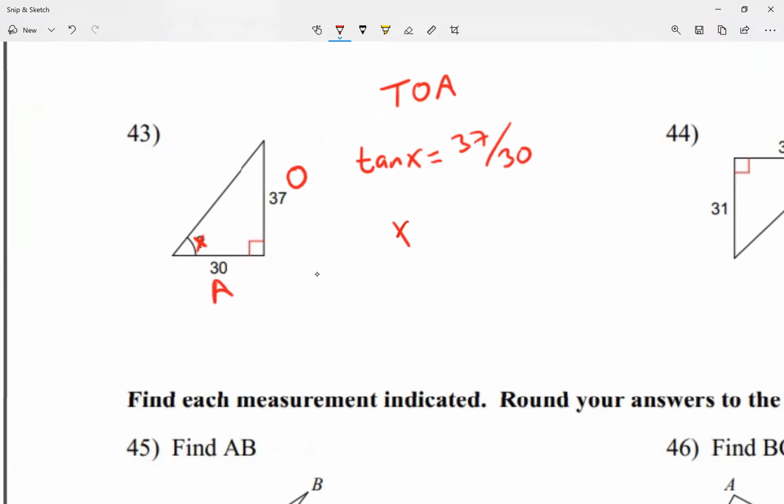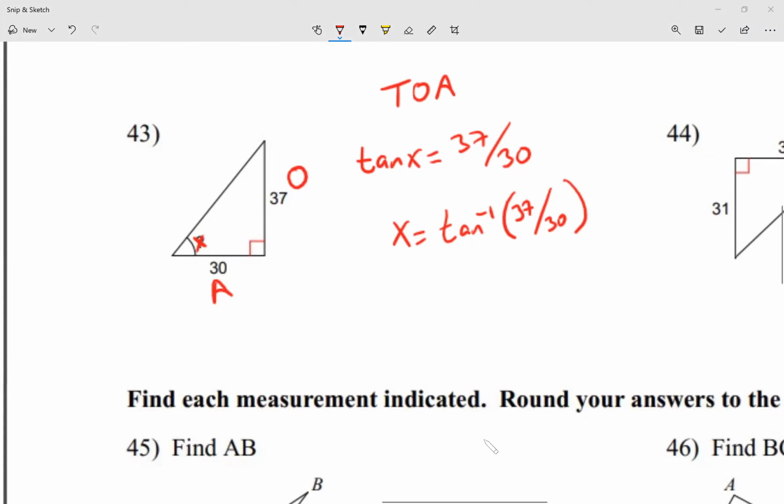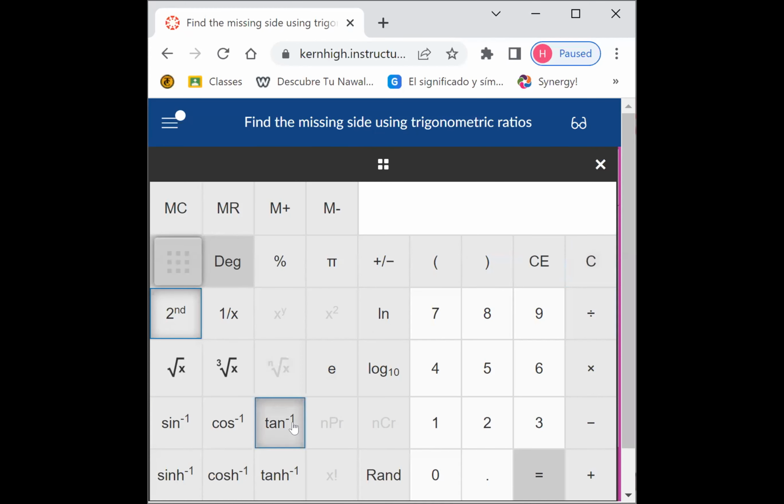That means that X is equal to tan inverse of 37 over 30. Now let me grab my calculator here. Tan inverse of 37 over 30 says 50.9. So I'm going to call that 51.